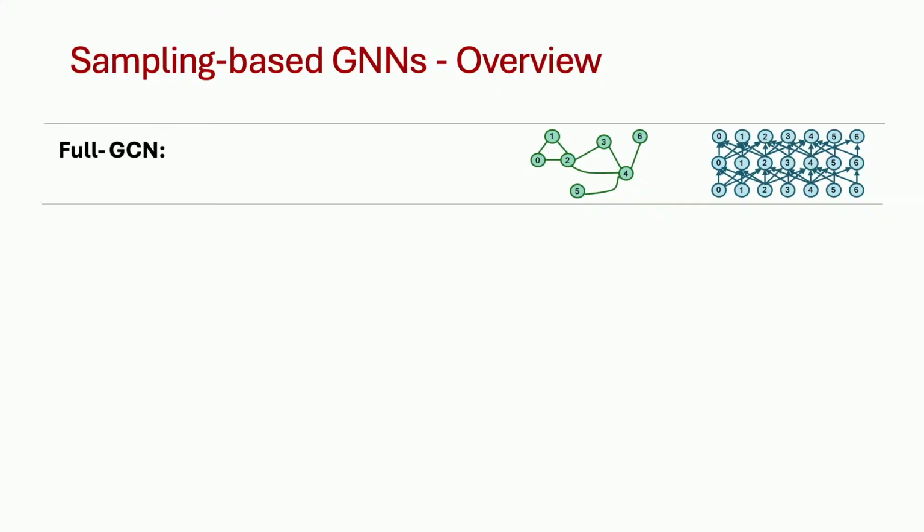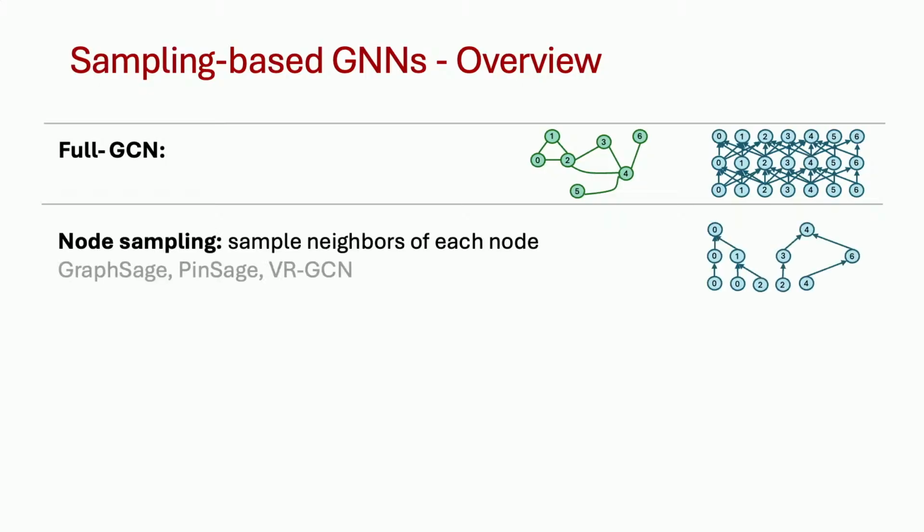For this small graph, I turn it into this full computational graph, where, for example, node 6 is getting information from its own, and node 4, and then node 4 is getting information from all of its neighbors here. Even for a small graph like this, I can see that the computational graph is already complicated for a board. One class of algorithms that made training scalable for GNNs were node sampling algorithms, which came out starting in 2018.